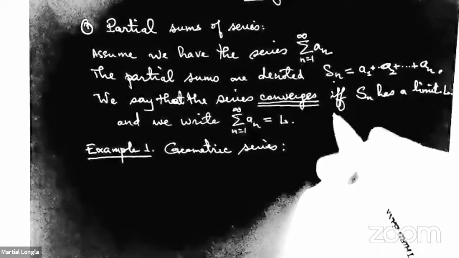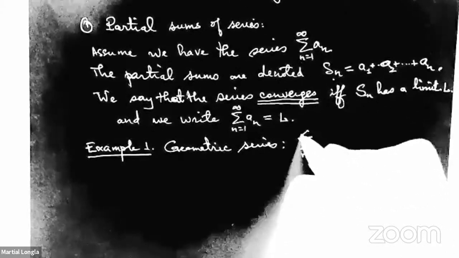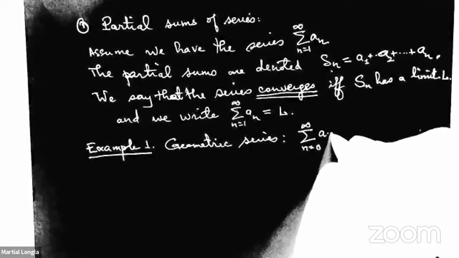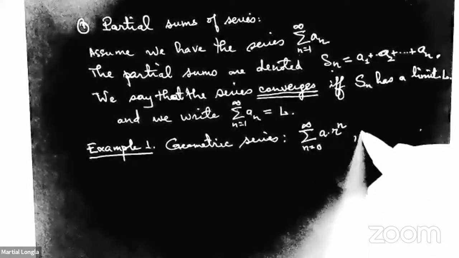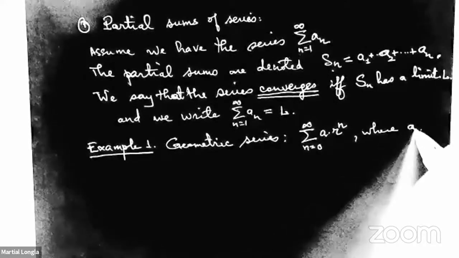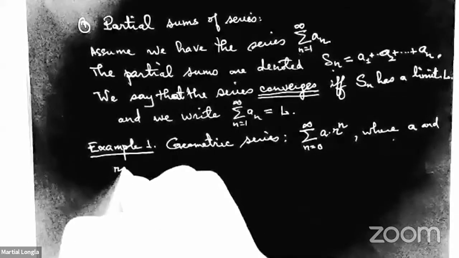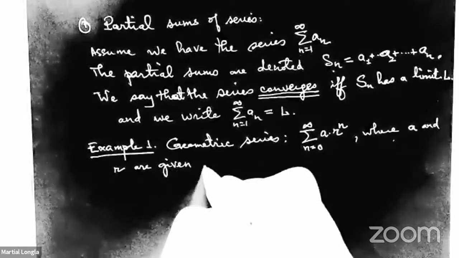The geometric series is defined as the sum from n equals 0 to infinity of a times r to the power n, where a and r are given real numbers.